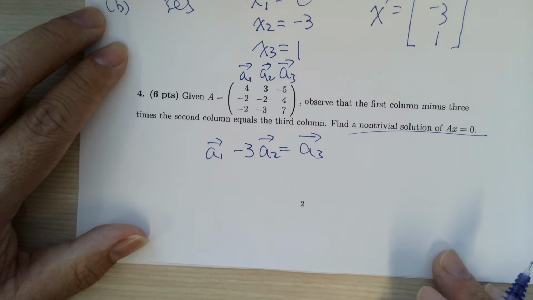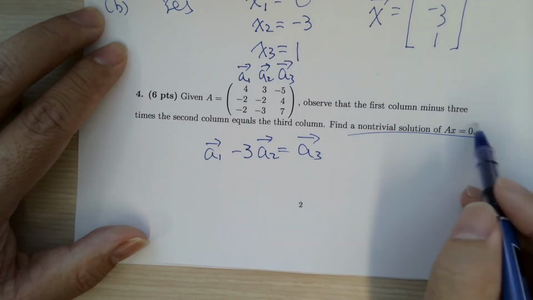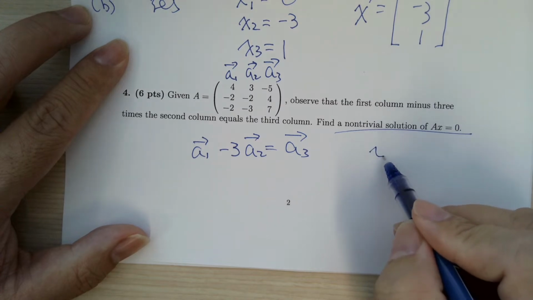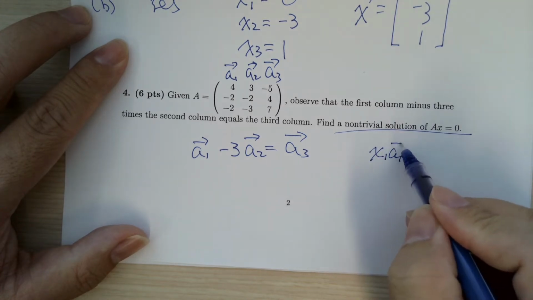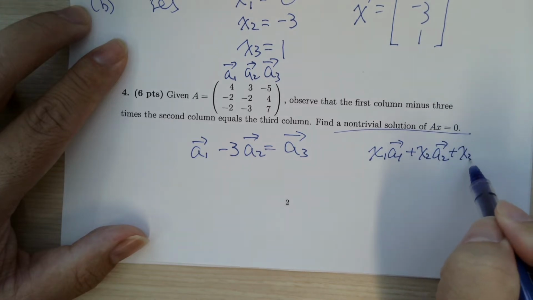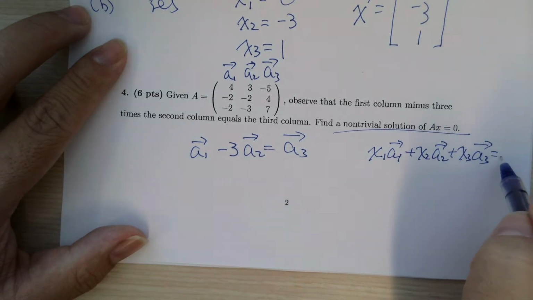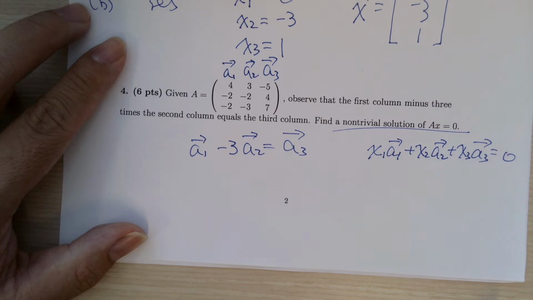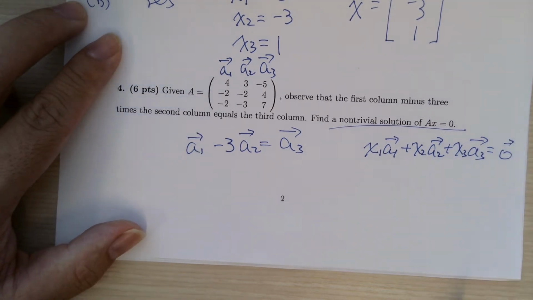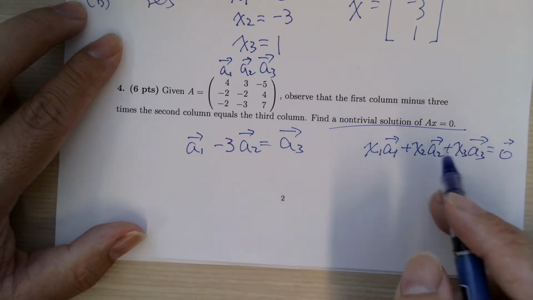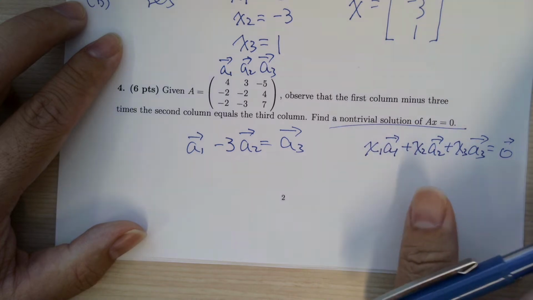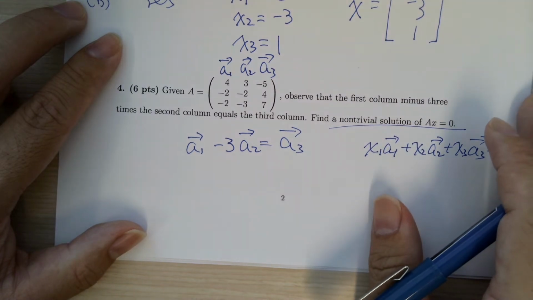But for this non-trivial solution, we are actually looking for x1a1 plus x2a2 plus x3a3 equals the 0 vector. If it's non-trivial, that means at least one of the x is non-zero.